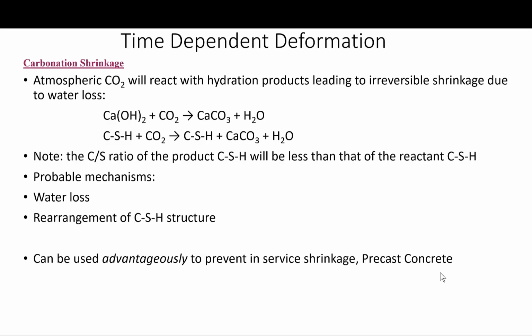However, this will result in irreversible shrinkage, and that's why it's called carbonation shrinkage. The extent to which cement paste can react with carbon dioxide and eventually undergo carbonation shrinkage is a function of relative humidity, as I will show on the next slide, and basically it is greatest around 50% relative humidity.